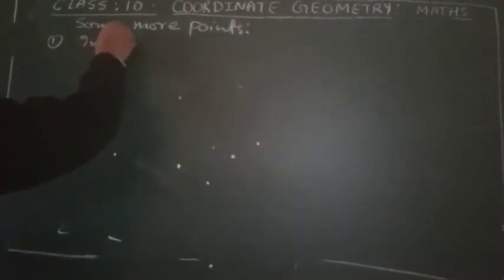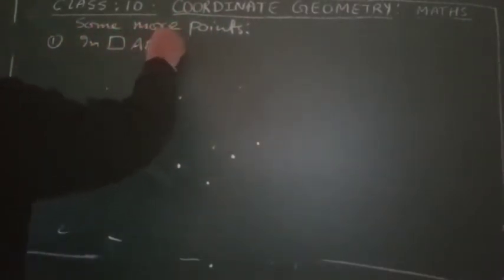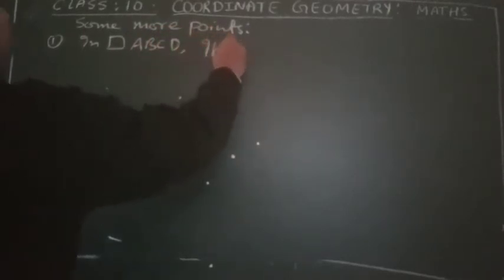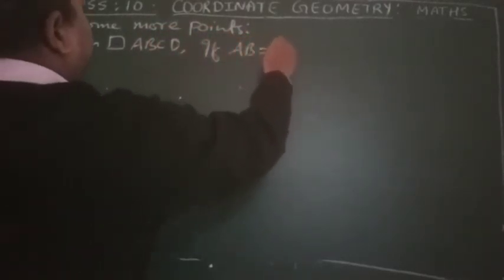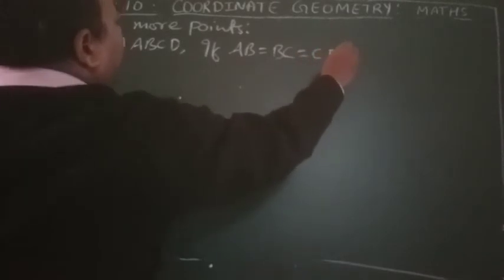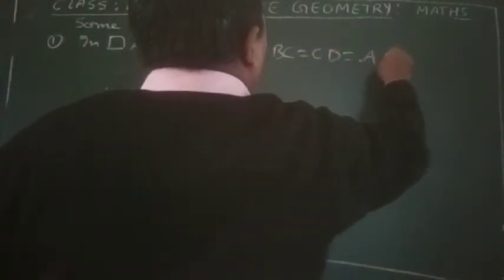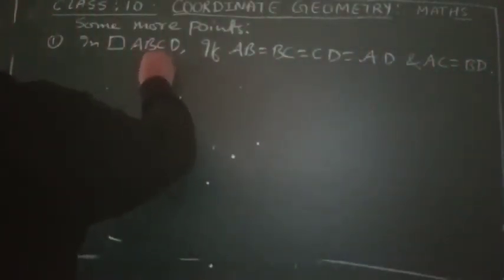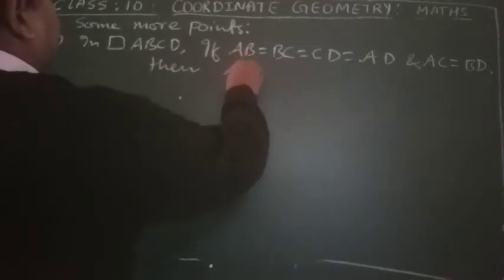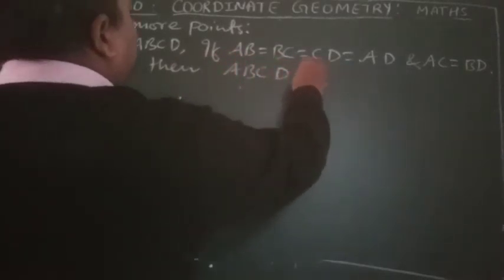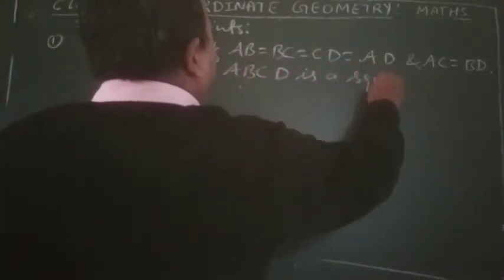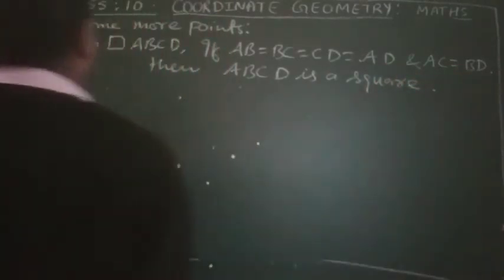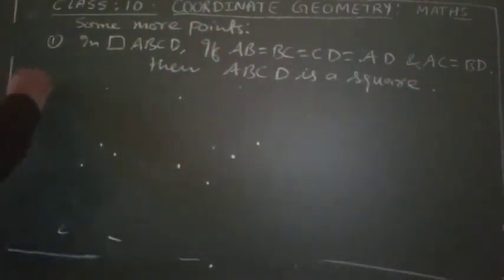In a quadrilateral ABCD, AB equals BC equals CD equals AD, and AC equals BD, then ABCD is a square. This is number 1.